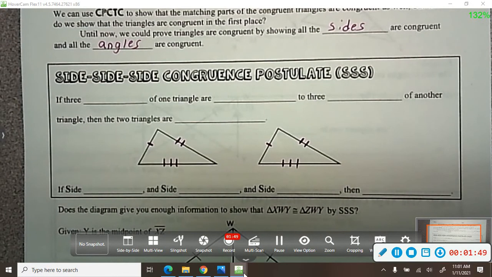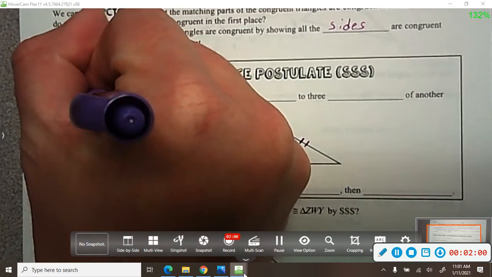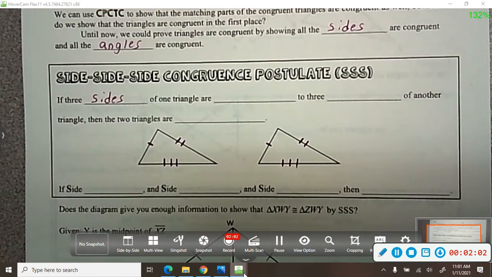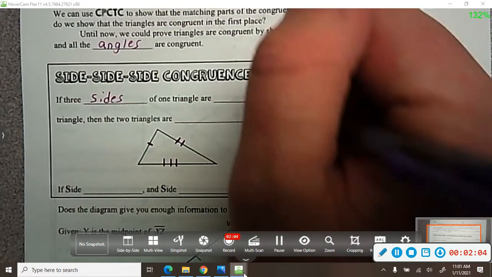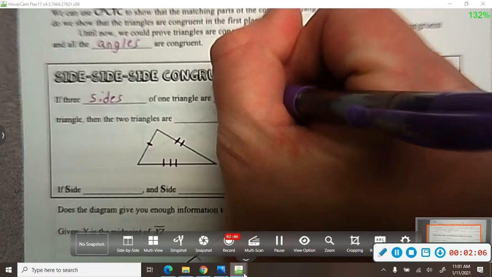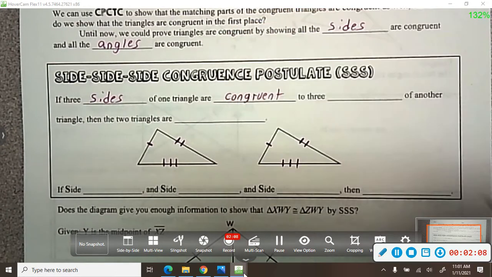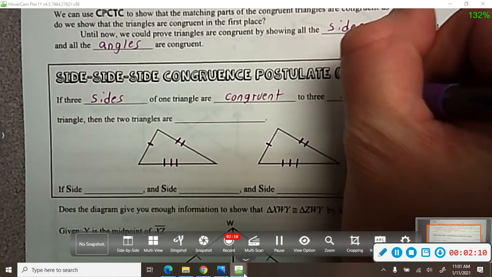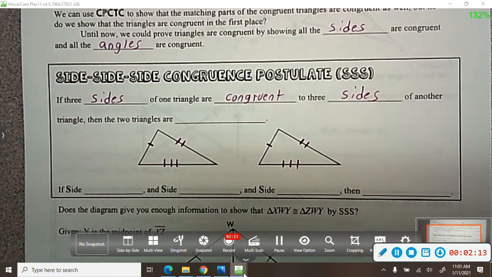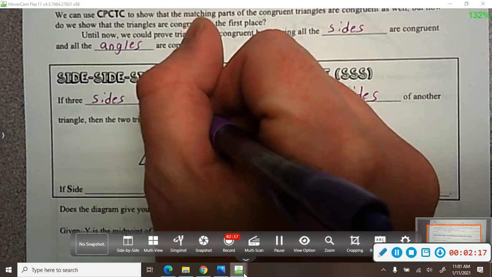So therefore, the triangles are congruent. We say if three sides of one triangle are congruent to three sides of another triangle, then that's enough to show that the two triangles are congruent.